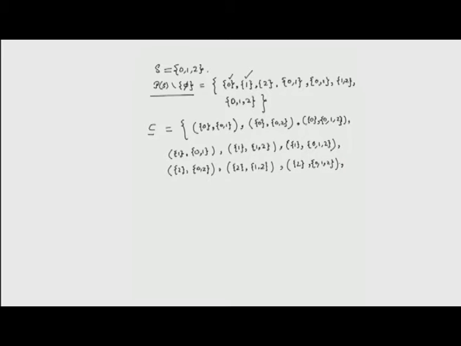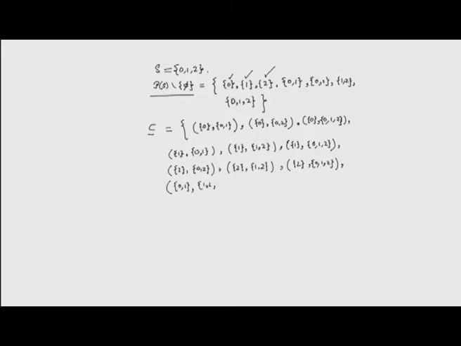Finally, we have exhausted the singleton sets, and then we take sets containing 2 elements. So, we have now 0 1, and we see that 0 1 is contained in 0 1 2.